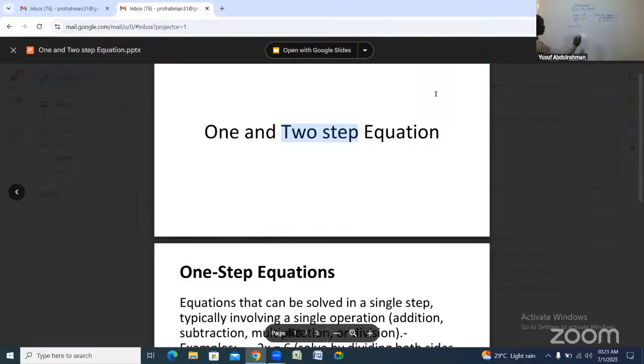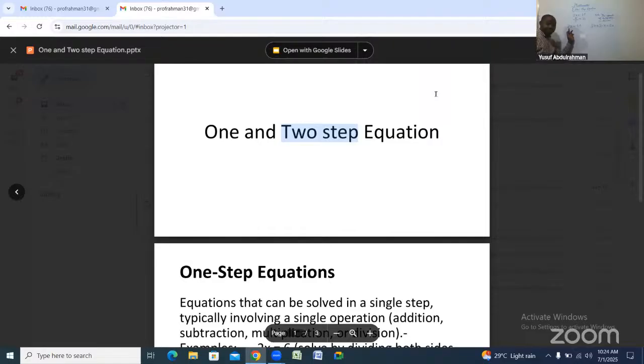What I'm saying is that 2x implies 2 times x. That is 2 times x is what we have as 2x. Do you understand?